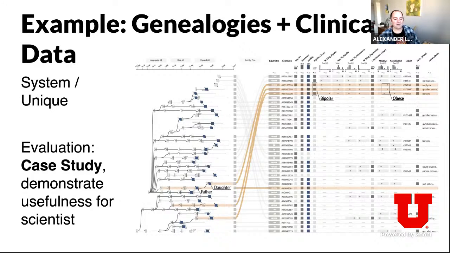Because it is about a researcher learning something about their data, and it doesn't really matter whether this was 2 seconds faster or not. So what you do in a case like this is you write up a case study. You demonstrate the usefulness for the scientists, and you make a case that they couldn't have done this analysis without your visualization, and that your visualization was instrumental in some important discovery.